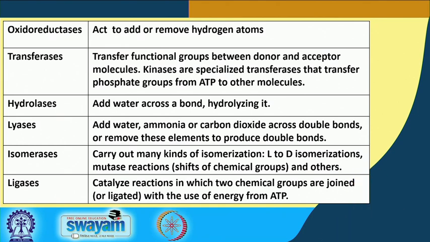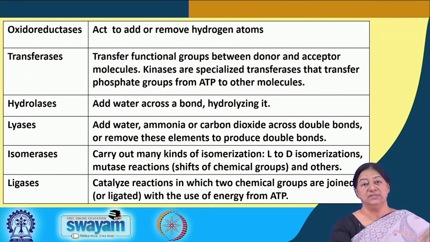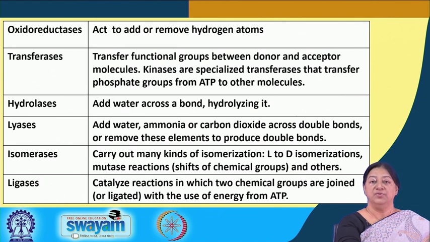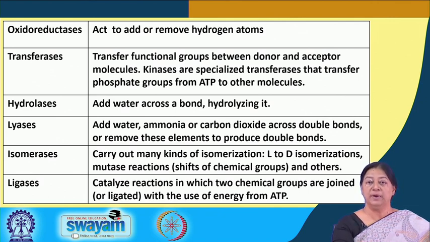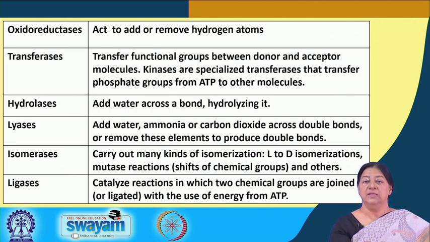So, if we were to add water across a bond resulting in hydrolysis, this would be a hydrolase. If we are transferring a specific functional group, a chemical group between donor and acceptor molecules, we would have a transferase. And if that transferred moiety happens to be a phosphate, this is called a kinase.